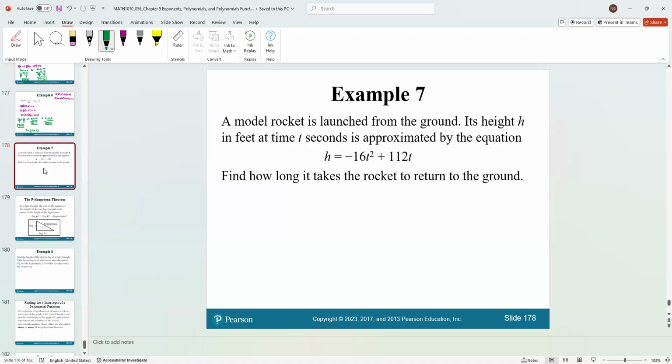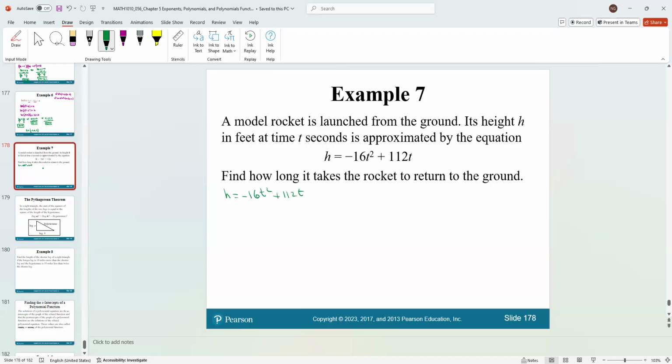So first of all, we set the equation equal to 0 and factor it, because we can bring all those terms to one side. If I have h equals -16t squared plus 112t, remember, we want to know how long it takes the rocket to return to ground.